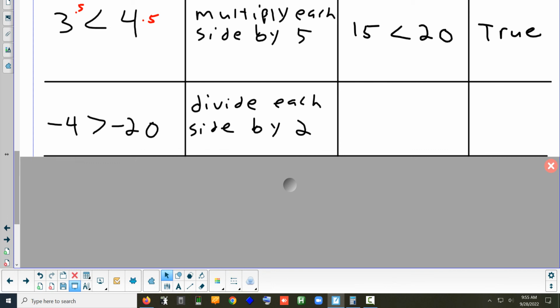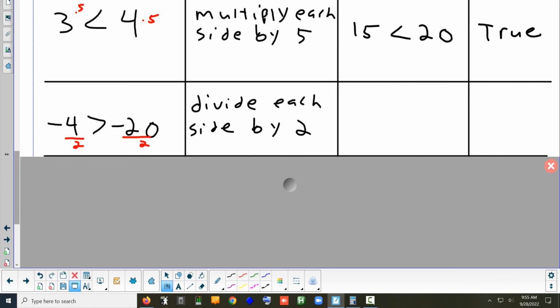So is -4 on a number line to the right of -20? Yeah, -20 is way down to the left. So that's true. Let's divide each side by 2 and see if we still end up with something that is true.